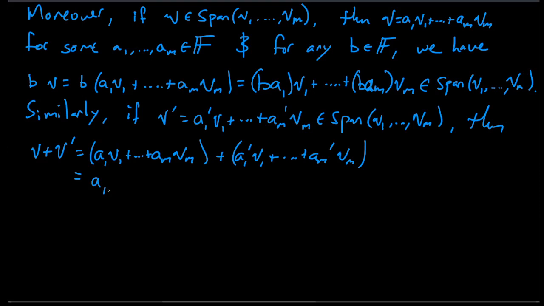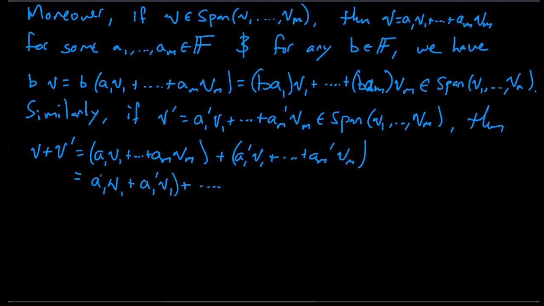I'm skipping kind of a step right there. I'm going to reorganize everything, so I put the v1s next to the v1s, and then what I'm going to use is distributivity, I guess. So I'll write out the step, a1 v1 plus dot dot dot, or actually let me write it out explicitly, a1 prime v1 plus dot dot dot.